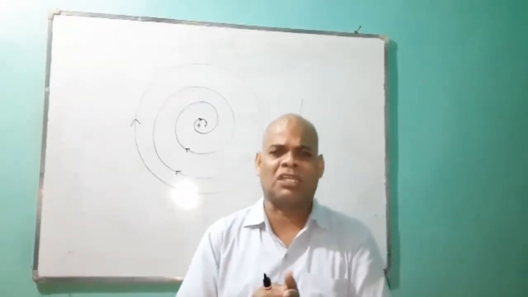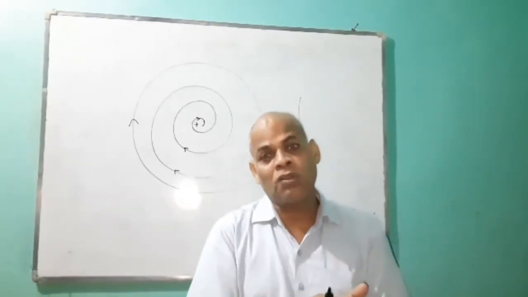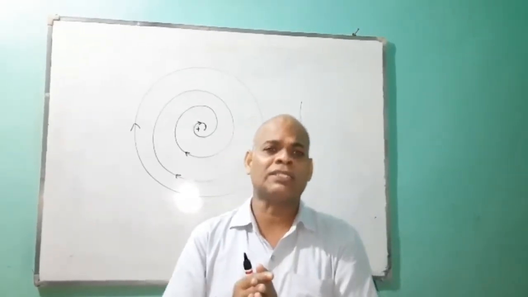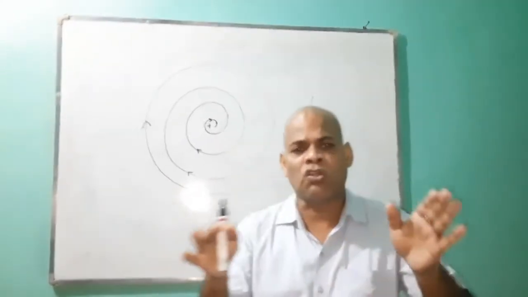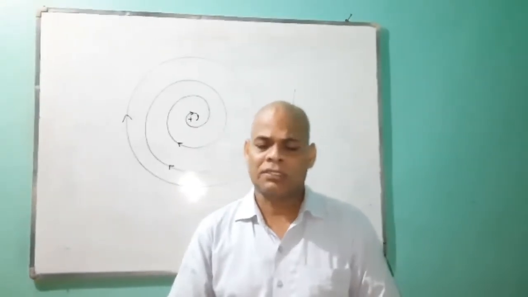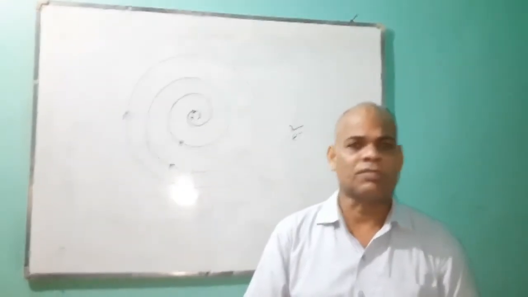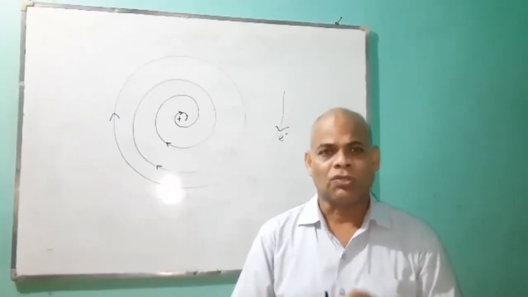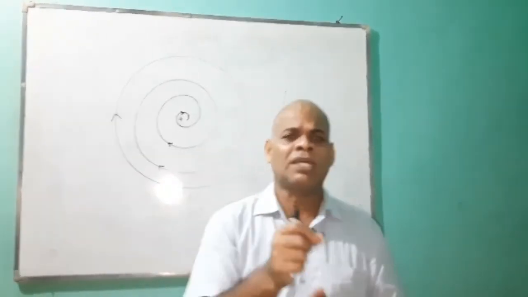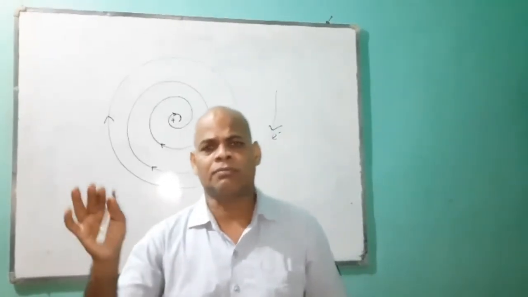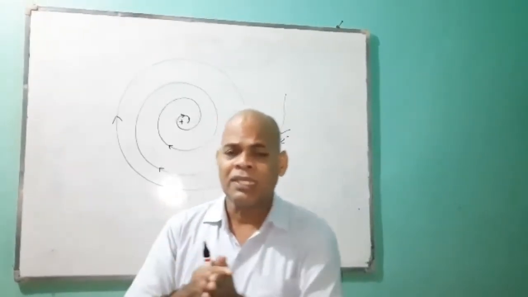If it happens, the electron will fall into the nucleus, and then the atom will collapse, with no more existence of the atom. But as we know, atoms are quite stable; an atom cannot be destroyed. So it means Rutherford is unable to explain the stability of an atom.